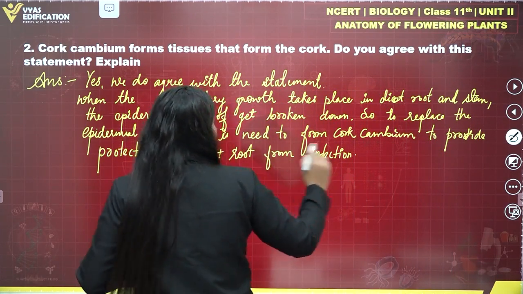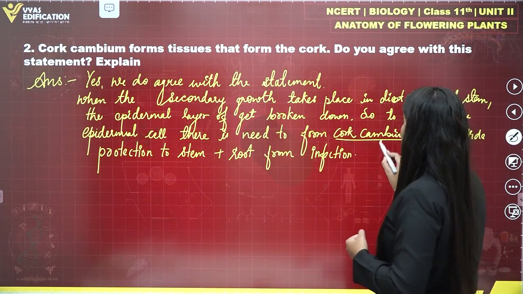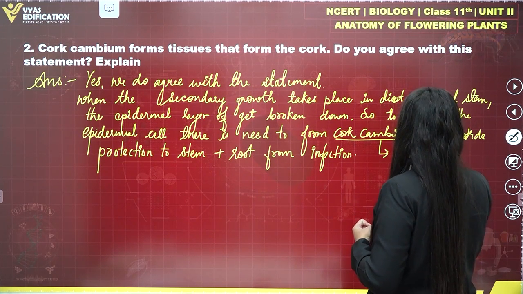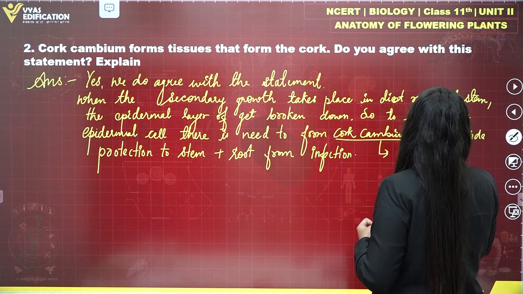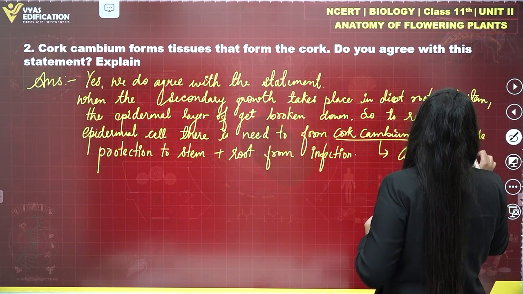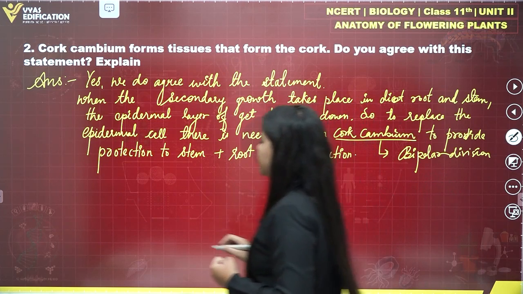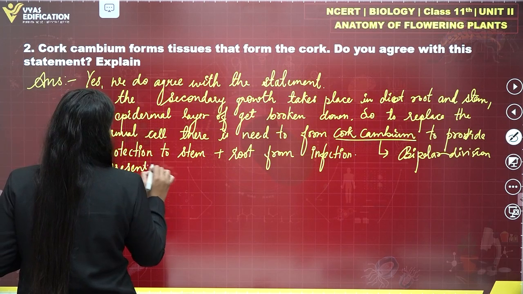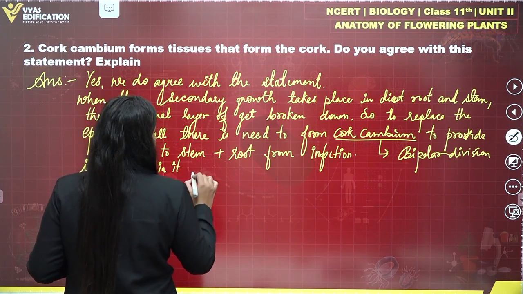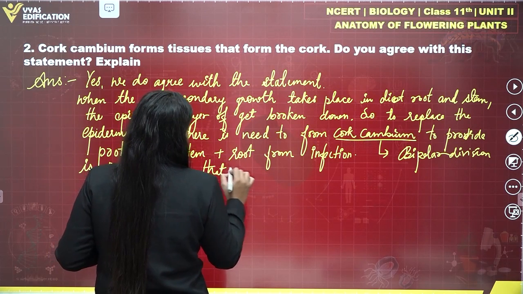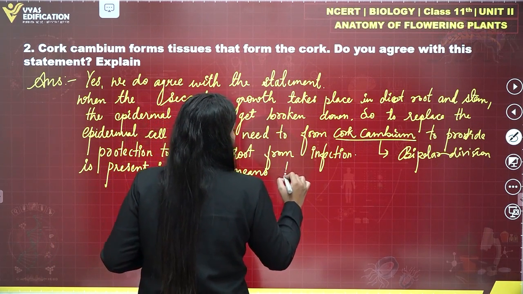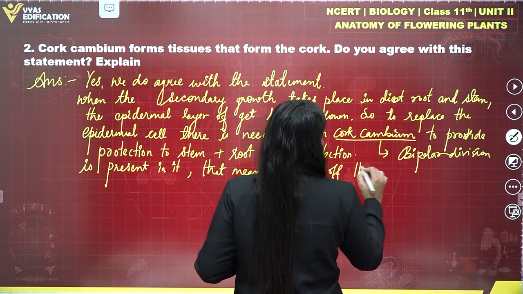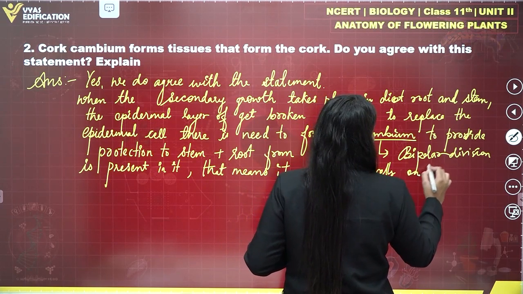Now, what does this cork cambium actually do? This cork cambium has a special function, that is bipolar division. Bipolar division is present in it. What does that mean? That means it cuts off the cells on both sides.